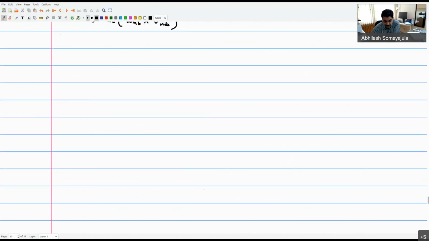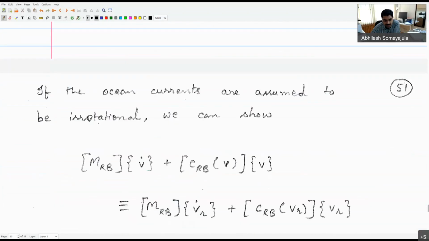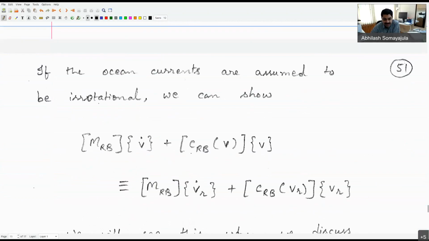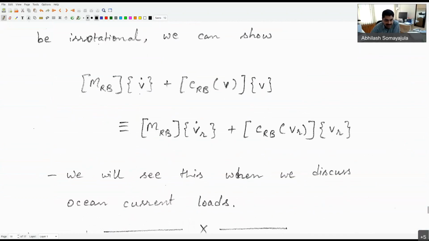Now, that is particularly useful because if the ocean currents are assumed to be irrotational, we can show that MRB times V dot plus CRB times V is actually equivalent to MRB times VR dot plus CRB times VR, where VR now represents the relative velocity of the vehicle with respect to the ocean currents.